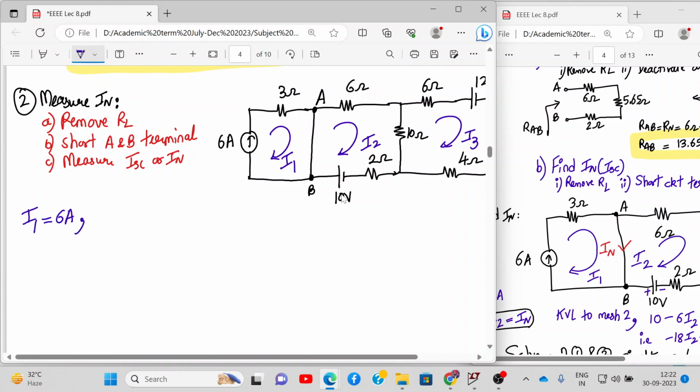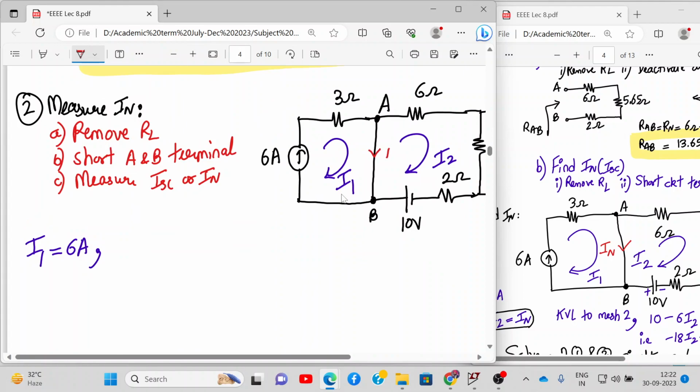Even though there is a 3 ohm resistance connected, if it is in series with the current source, I1 will be directly 6 amperes. Now this is IN actually, which we need to find out. And IN will be given by I1 minus I2. So we need to know the value of I1 and I2.